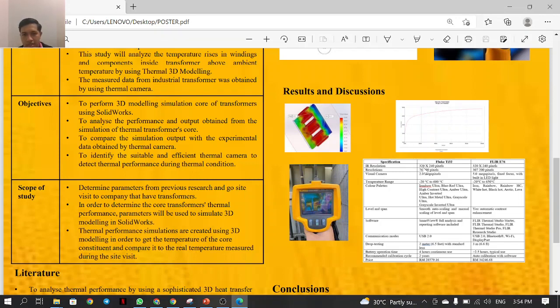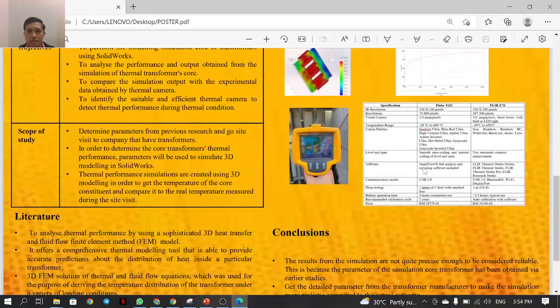And at the right below, you can see the thermal camera that was used on the site visit. The camera is Fluke E76. Oh, sorry, the thermal camera used in the site visit is Fluke TI32.